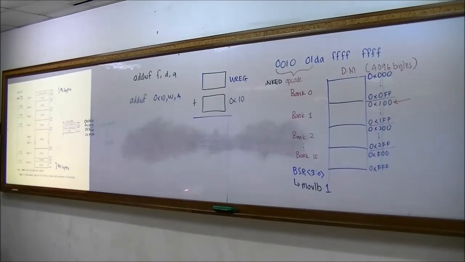In our data memory we have a 12-bit address. But this 8-bit limitation forces the data memory to be divided into banks of 256. So when you divide 4096 by 256, you get 16 banks.